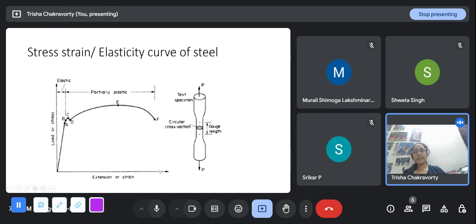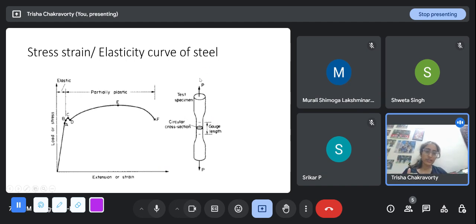In a material, we apply a force, a strain develops in the structure, and as a result the structure develops a resistive stress. So the stress that we are plotting is basically the resistance stress.